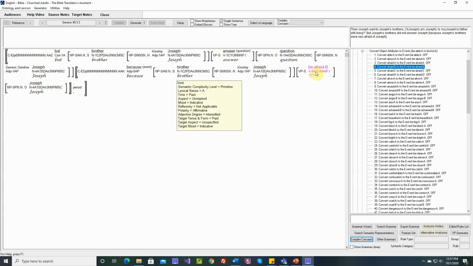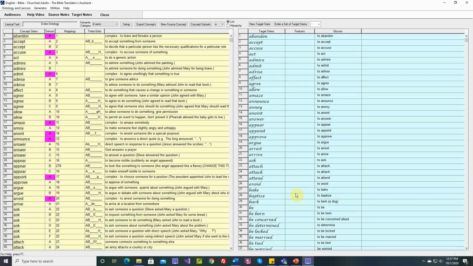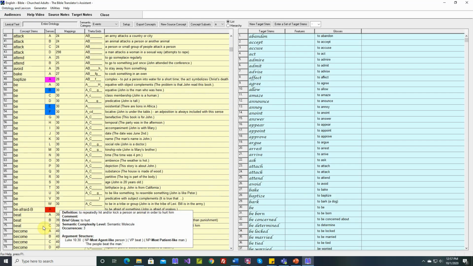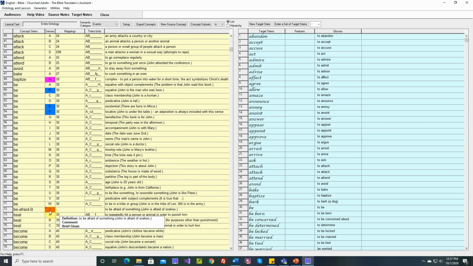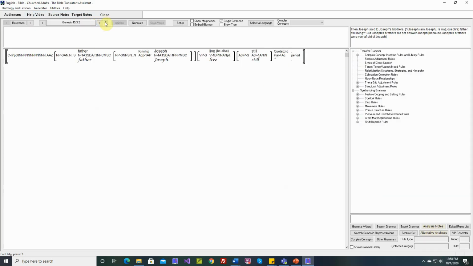And we see here this new concept. And if you look over here in the ontology, here's be afraid. This is now considered a user-defined concept. That's why it's in red. And if we go back here, sentence 3.